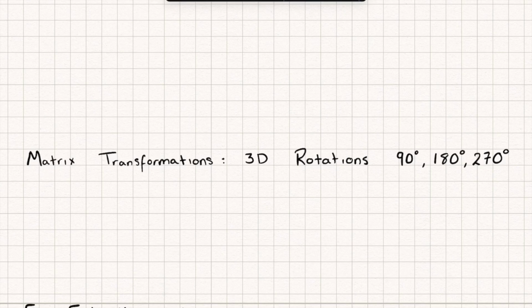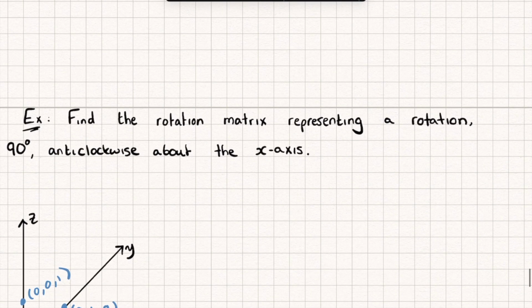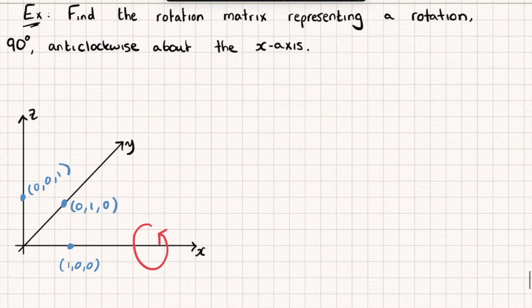Let's see what's going to happen with this question, where we need to find the rotation matrix representing a rotation of 90 degrees anti-clockwise about the x-axis. You can see I've labelled on with this red arrow the rotation that's going to happen. To find this rotation matrix, we're going to do what we always do, which is look at what happens to the points 1, 0, 0, 0, 1, 0 and 0, 0, 1.